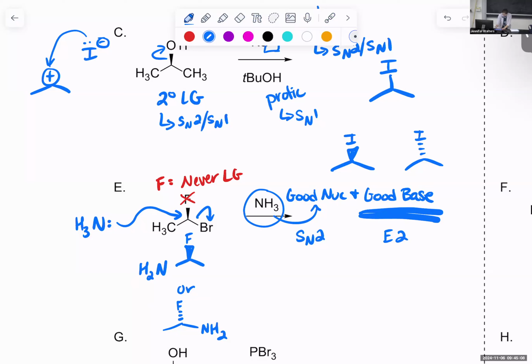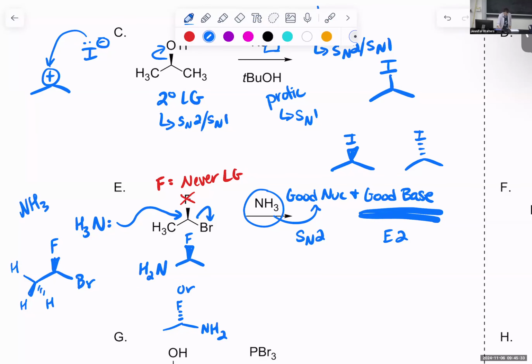If you did E2, then you want to take the anti-periplanar hydrogen. There's only one beta hydrogen because there's only one other carbon, so it has to be one of the hydrogens off this side.